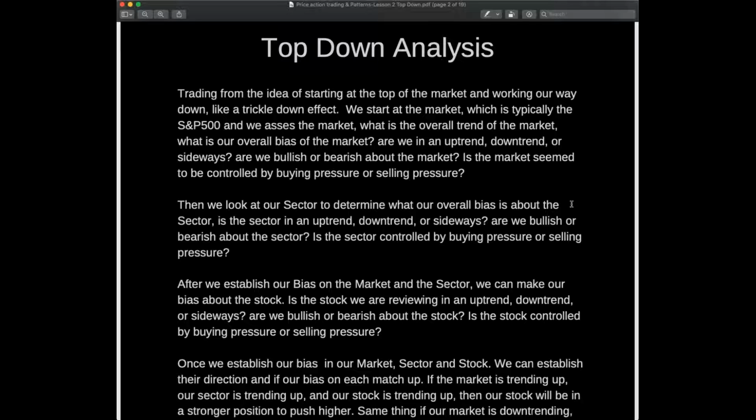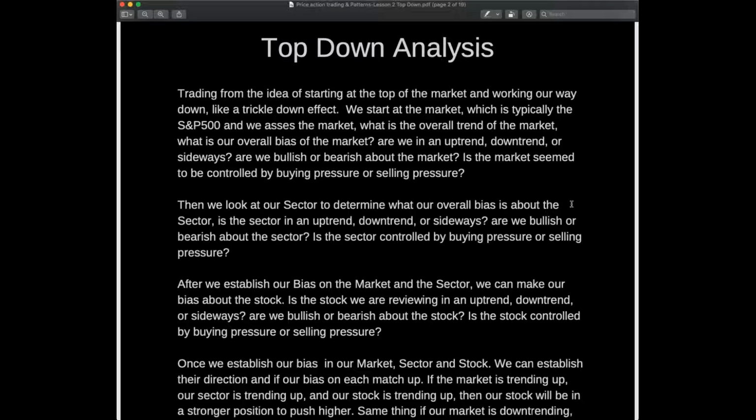Has it been going down? Number 3, are we in an uptrend? Are we in a downtrend? Are we sideways? Okay, you should have answered this in number 1, but we're reiterating it because it's very important. Markets trend 3 ways. They go up, they go down, and they go sideways. Which one are we? Are we up? Are we down? Or are we sideways?